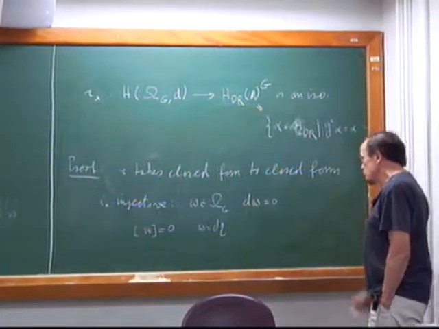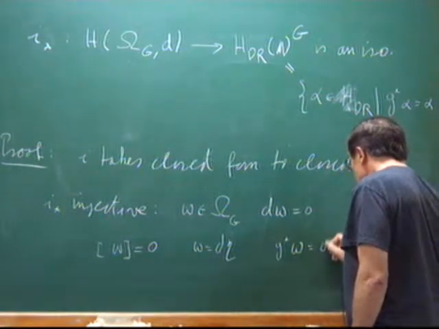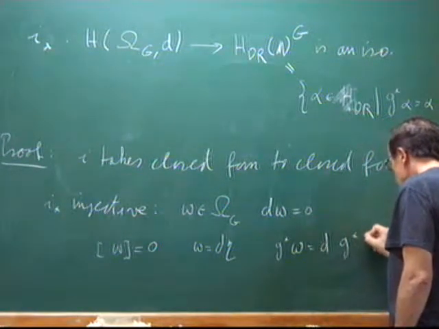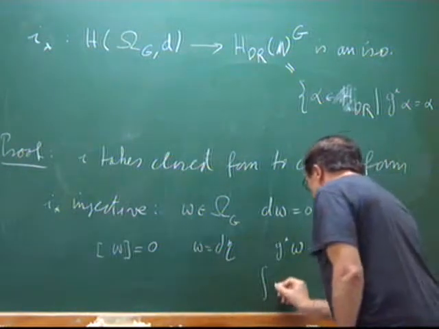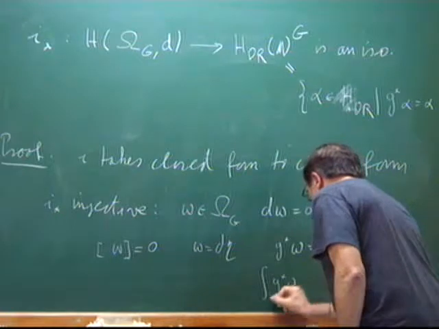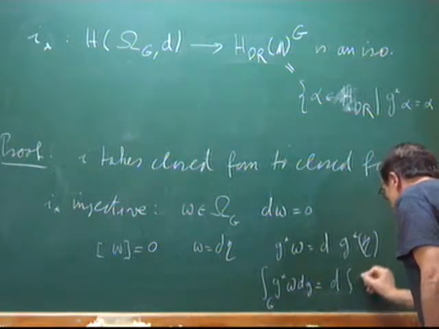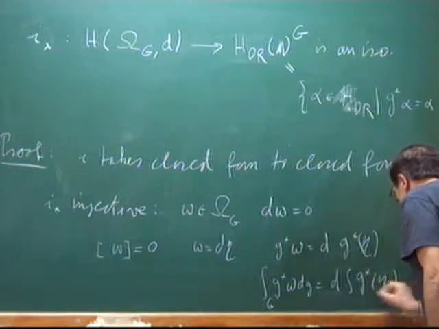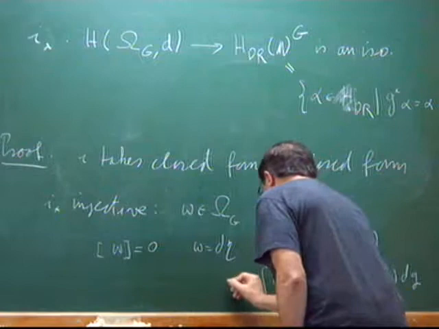Well, so now I just observe that g star omega is d of g star eta by naturality. And now I can integrate. So now the integral of g star omega, d commutes with integration, is d of the integral of g star eta over G. But of course, omega is also already invariant.